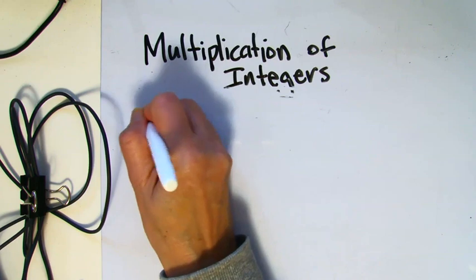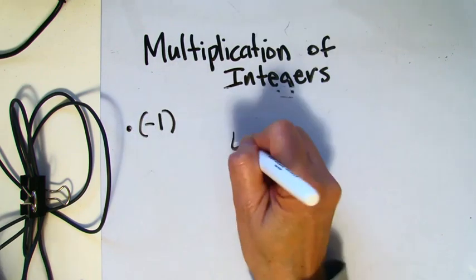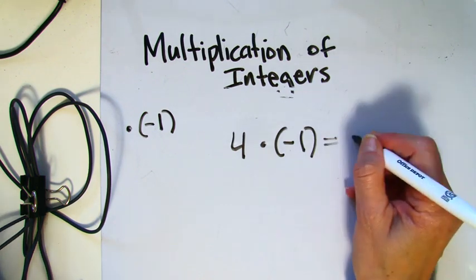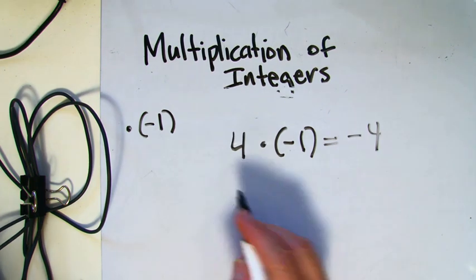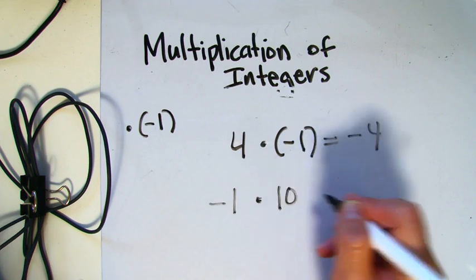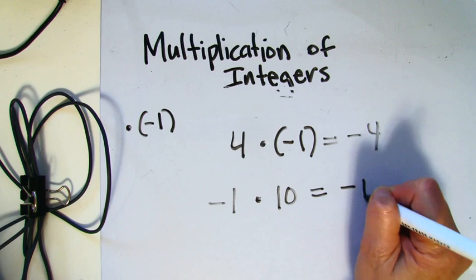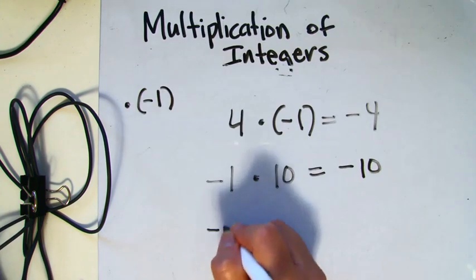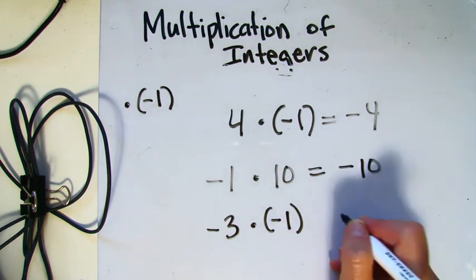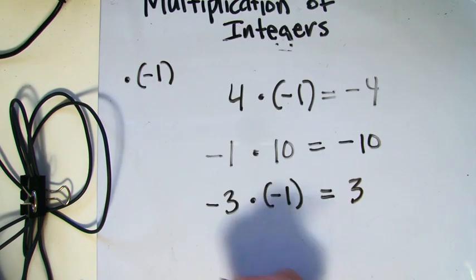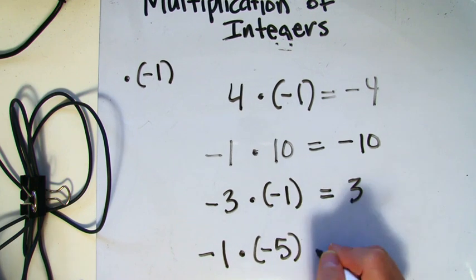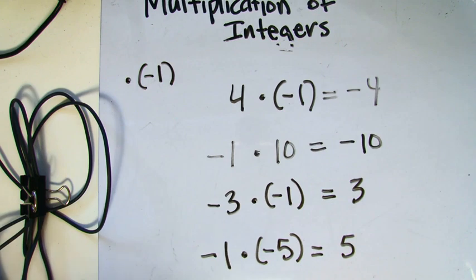So when we multiply by -1, so 4 times -1, that's actually going to be a -4. -1 times 10 is going to give us a -10. -3 times -1, that's going to give us a +3, and -1 times a -5 is going to give us a +5.